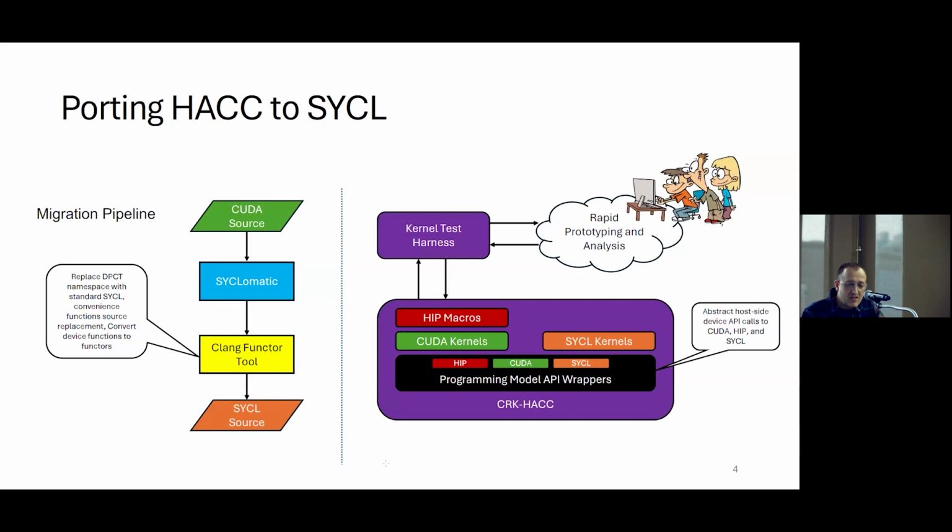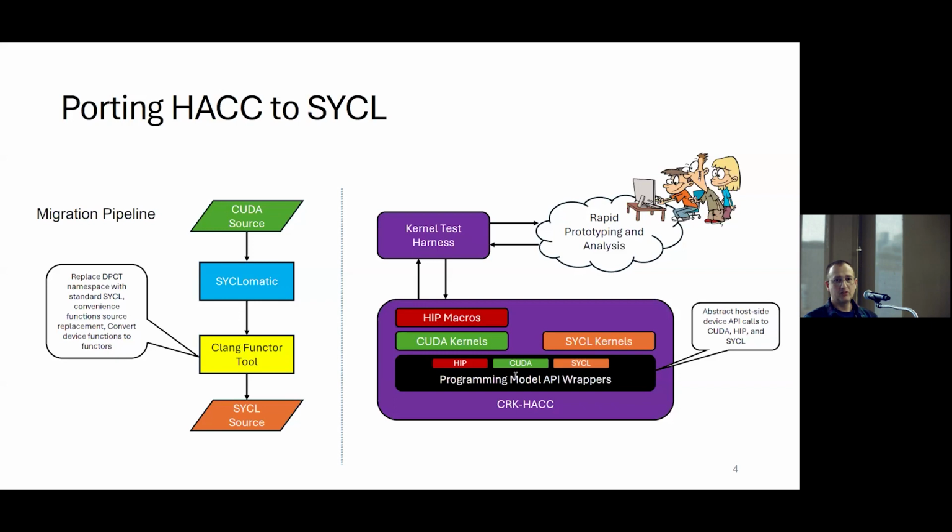And on the right, a picture of the way our code looked. Down here, we had programming model API wrappers for calling HIP or CUDA and SYCL, and this is what would invoke our kernels.